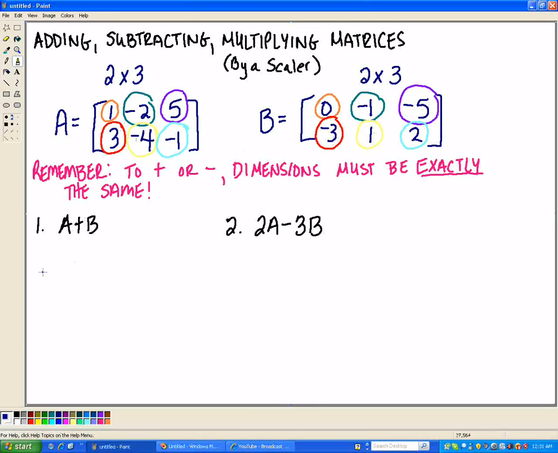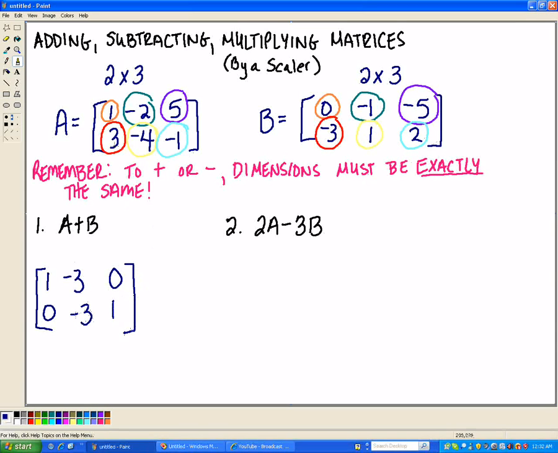So when I come down here and write what the result would be: 1 plus 0 gives me 1. -2 plus -1 gives me -3. 5 plus -5 gives me 0. 3 plus -3 gives me 0. -4 plus 1 gives me -3. And -1 plus 2 gives me 1.